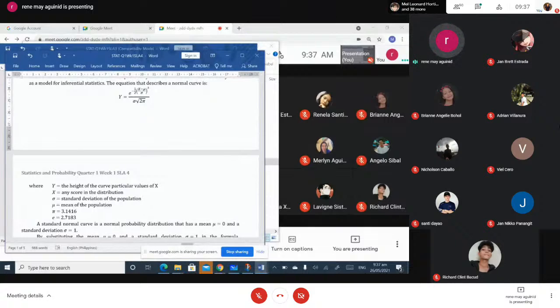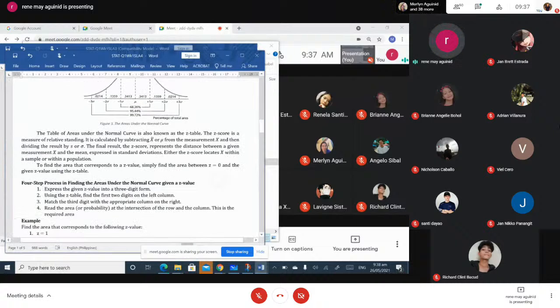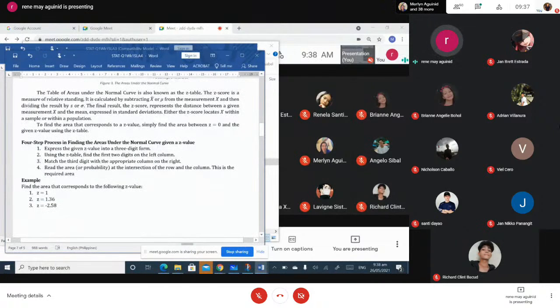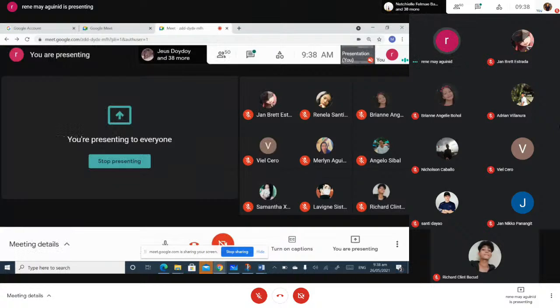We will not go into that, because what we need now is how to find the area under the normal curve given a z value. So, find the area that corresponds to the following z value. Okay. Let me search.